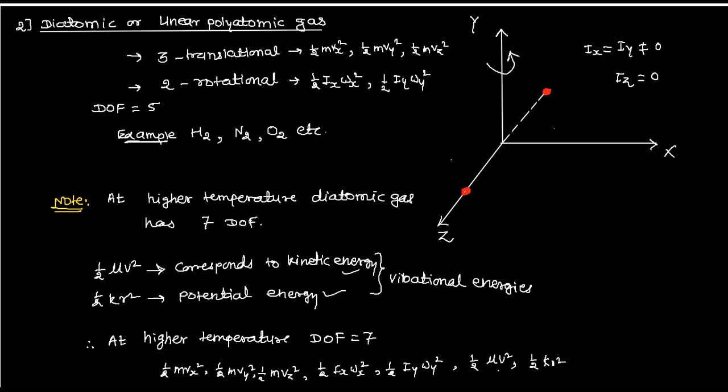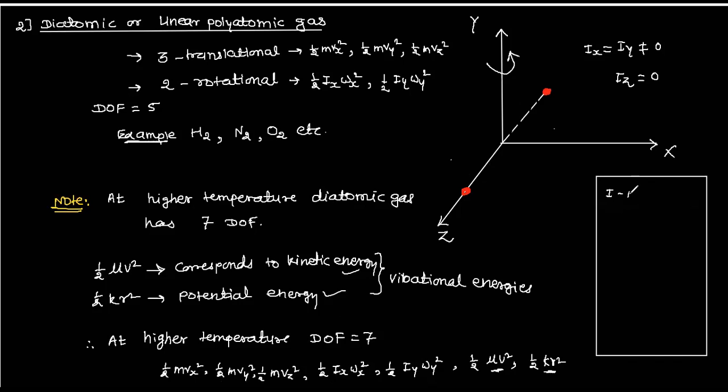But sir, what is this mu and this k? This k and r and all these things, what is this? Will you please tell? Yes, half m vx square, this is velocity. I is moment of inertia. So I am writing here, you just keep it in mind in this box. I is moment of inertia. Omega is angular velocity.